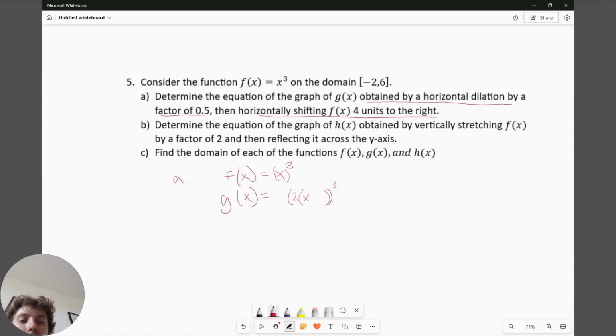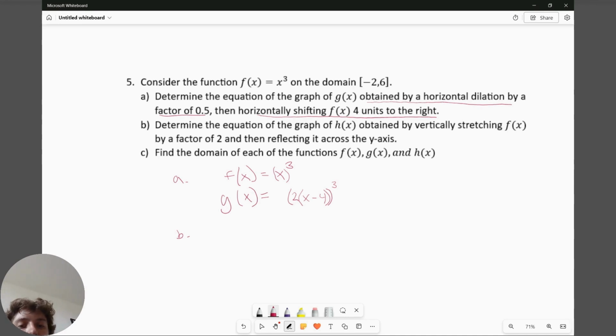So I'm going to have another set of parentheses now showing that it moves right 4 units, which would be minus 4. That would be our answer for A. Make sure the inside is in factored form. We were not given a polynomial to factor, you can just create the factored form right away. We didn't need to actually factor it. Just make sure you put it into that factored form initially.